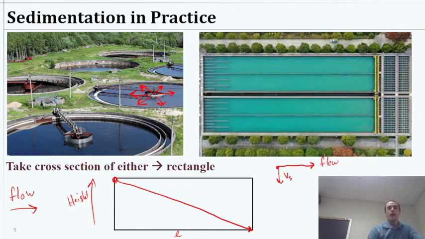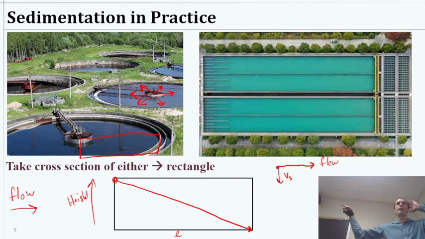And then if you have that type of system, you can take a cross section from that centerpiece to the edge, and you can draw a perfect rectangle from that center point off to the edge.